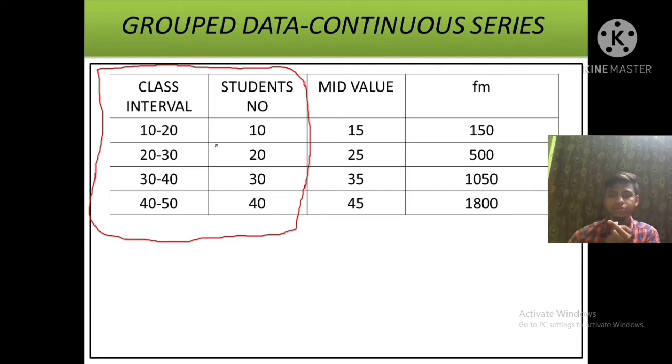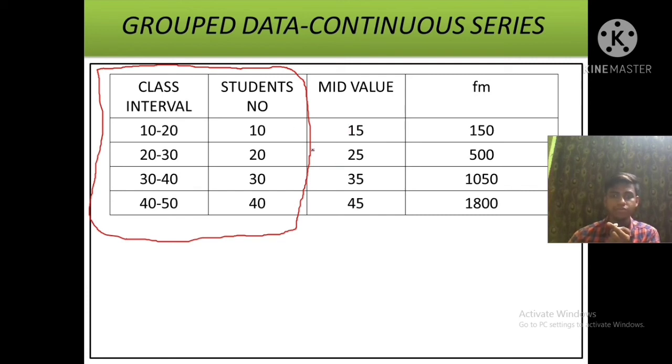When you see a class interval, you have to recognize that this math comes from continuous series. From the class interval you have to find the mid value, which is m. From 10 to 20 the mid value is 15, 25 lies between 20 and 30, 35 lies between 30 and 40, and 45 lies between 40 and 50. So we find our m.